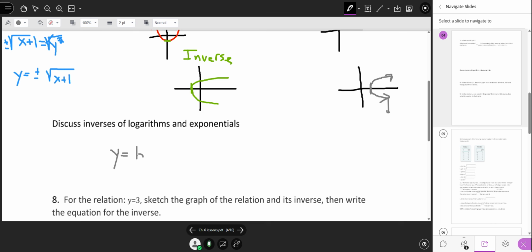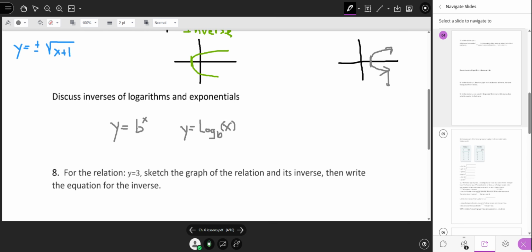Y equals b to the x is the inverse of y equals log base b of x. So these do happen to be inverses of each other, and I'll get more into that later on.